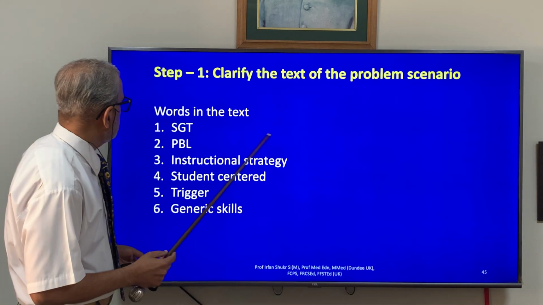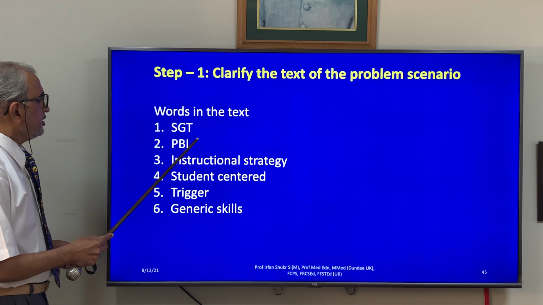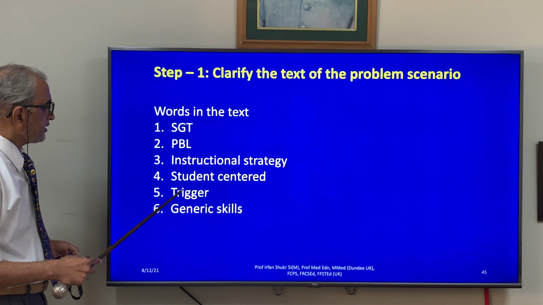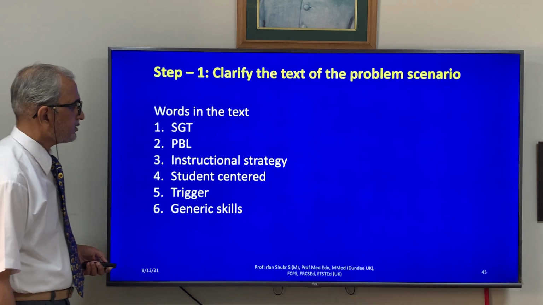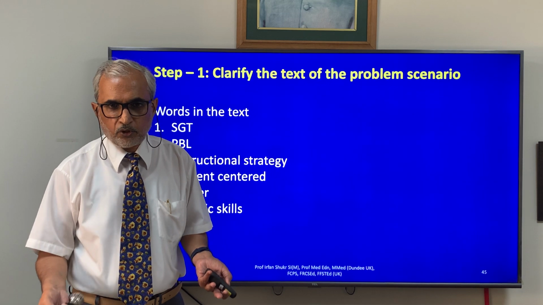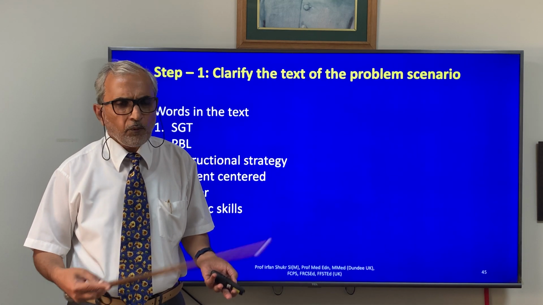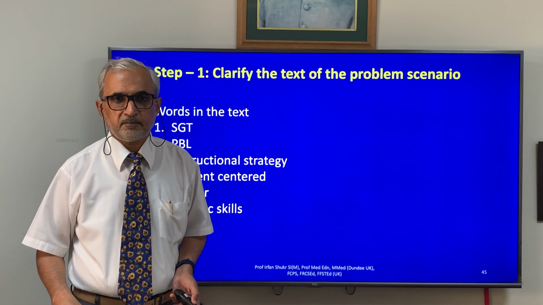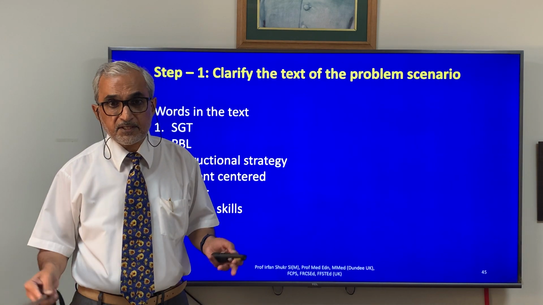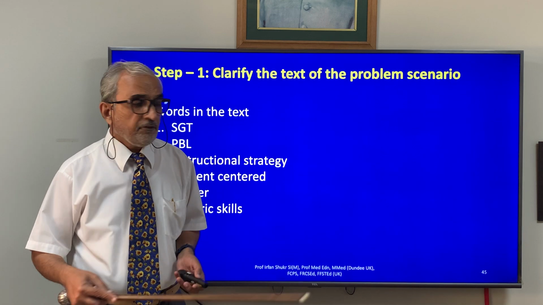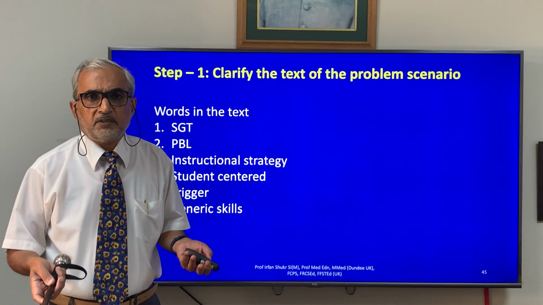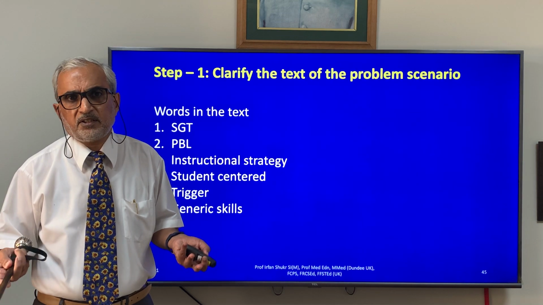Possibly that may include SGT, PBL, instructional strategy, student-centered, trigger, generic skills. So they're talking among themselves, what is the meaning of these? They might know it, they might not know it, and since they're discussing, they're trying to clarify. Few of them could have been clarified; others, after discussing, they don't know what it is.